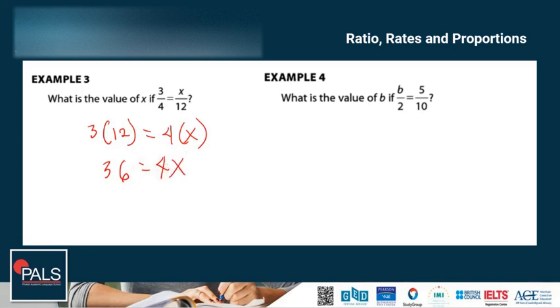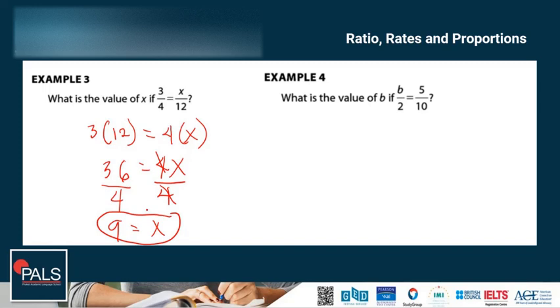Then we can find the unknown value by dividing both sides by 4. 36 divided by 4 is 9, equal to x. So it means x is equal to 9.